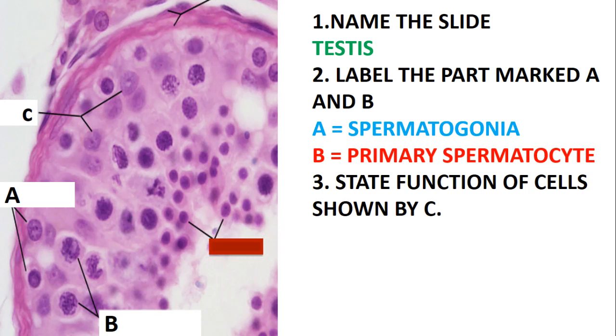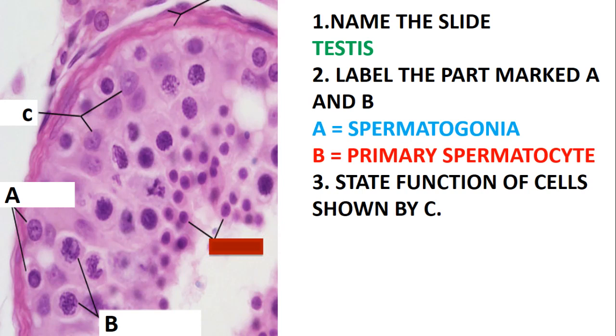The spermatogonia are very close to the capsule of the testes, and the primary spermatocytes are a little bit in between, and they appear to have granules inside.